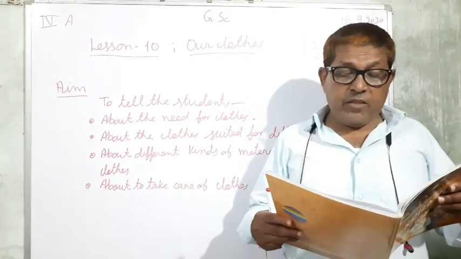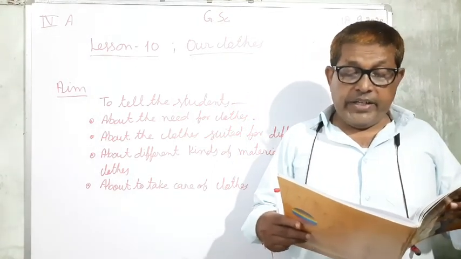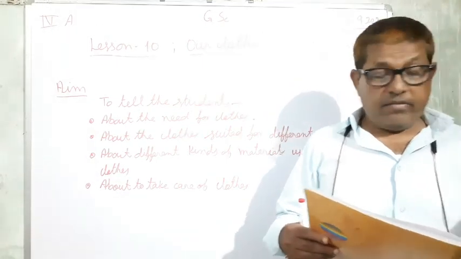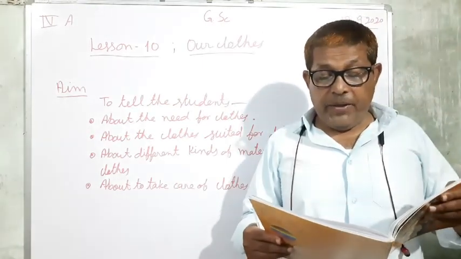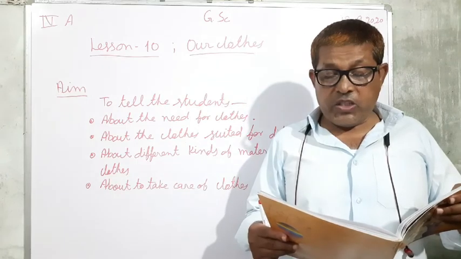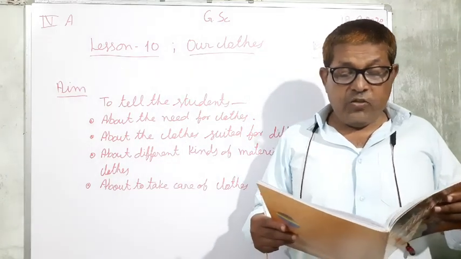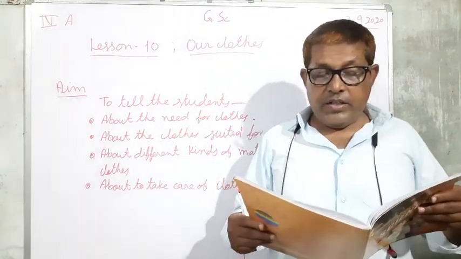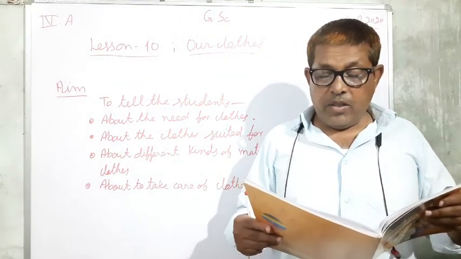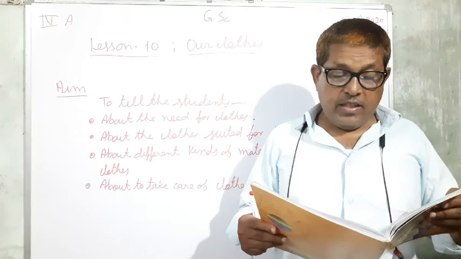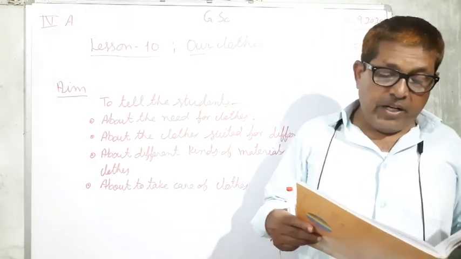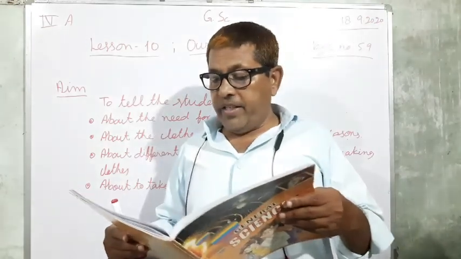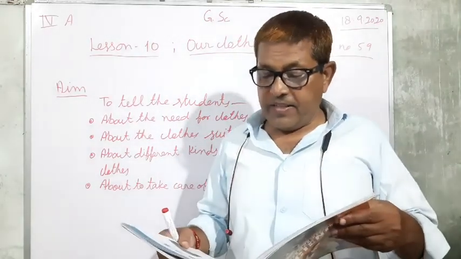Man has always been inventing things to make life comfortable. It happened with clothes too. Early humans got the idea of weaving clothes by observing spider webs and birds' nests.